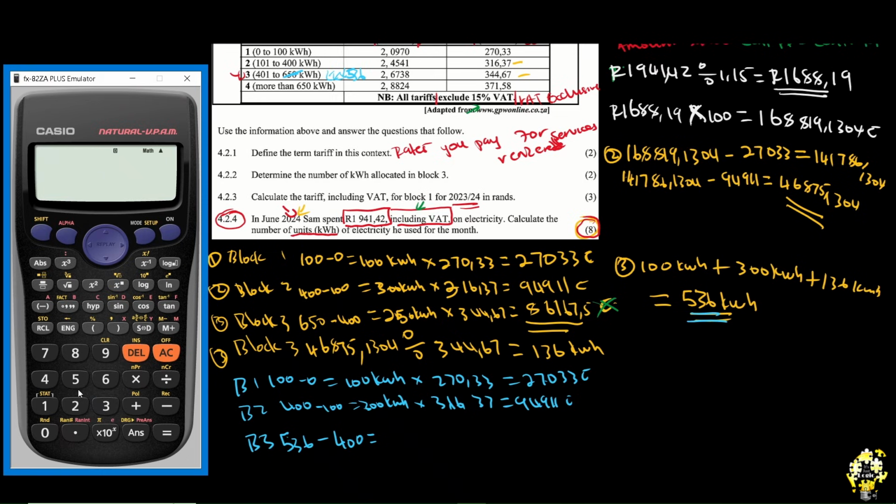So let's go to our calculator. 536 minus 400, we get 136 kilowatts of electricity. After solving the interval, multiply by the rate. The rate is 344.67. It's this one for block 3. Therefore, what do we get? Multiply by 344.67.